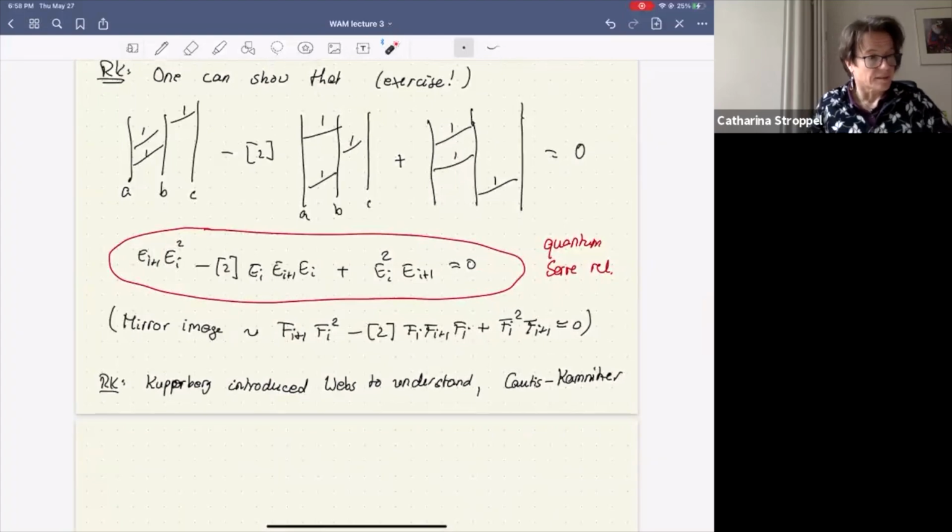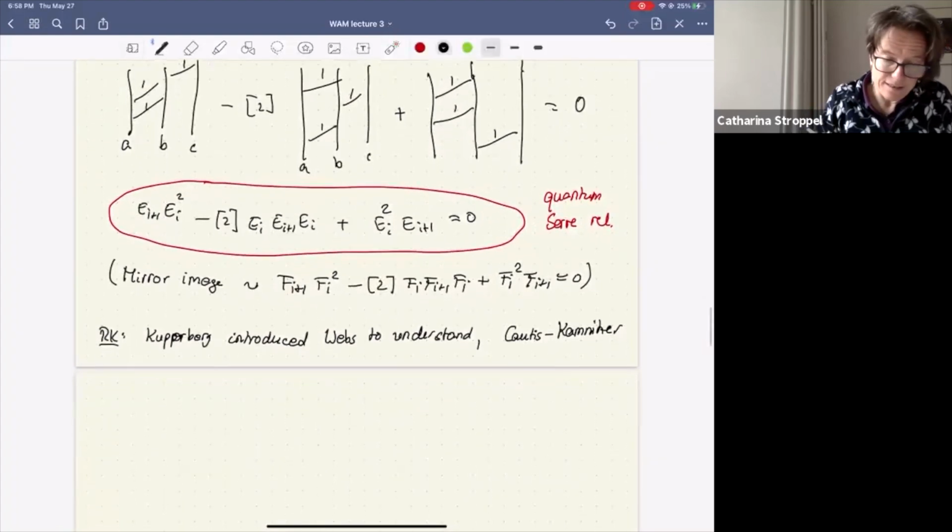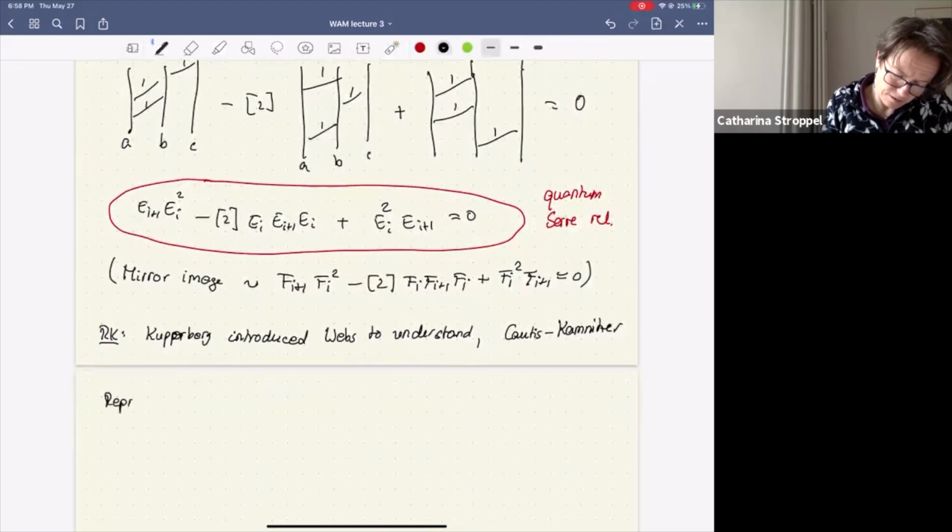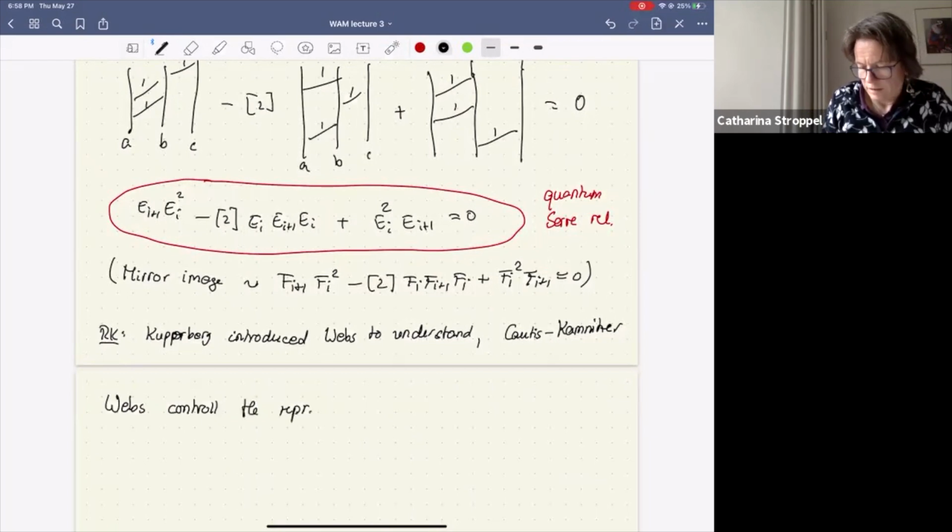Okay. So now what I claim is that webs control the representation theory of GLN, and then also GLD.